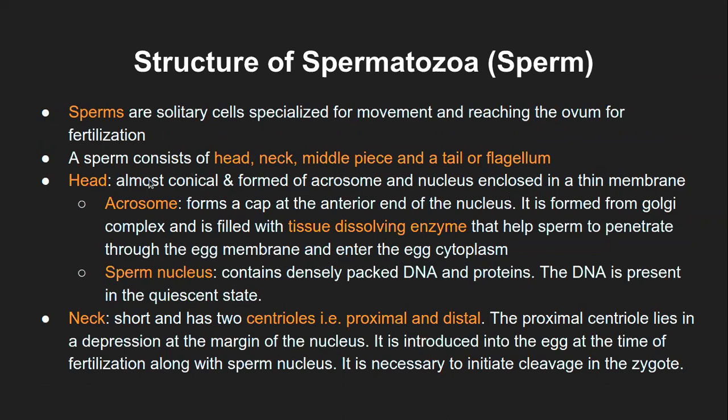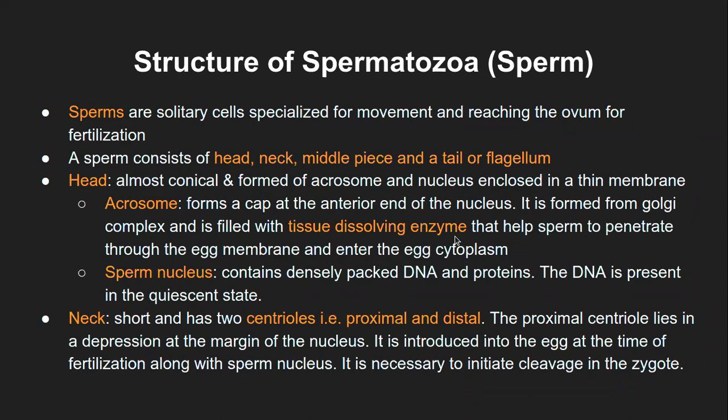And as we had looked inside the head portion of the spermatozoa, it consists of two main structures, that is the acrosome, which is the tip of the sperm, a cap-like structure present at the front part of the nucleus. Its function was to contain the tissue-dissolving enzyme.